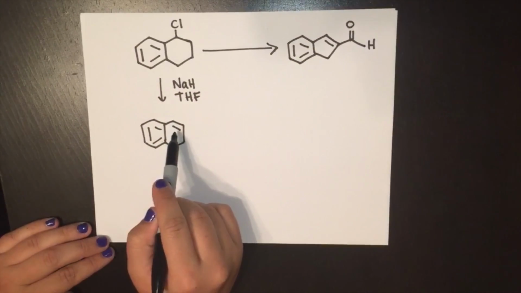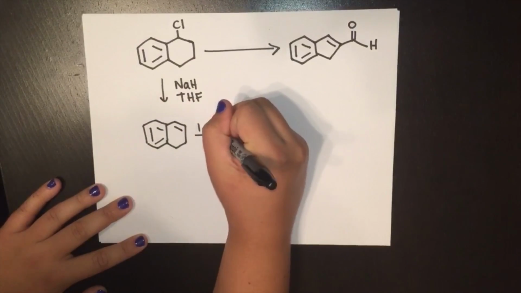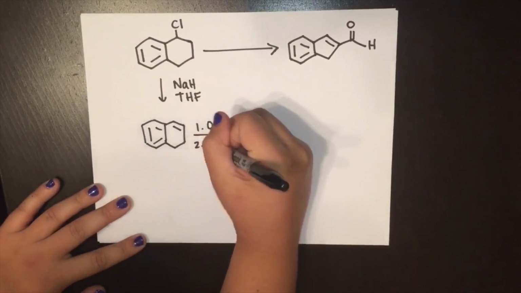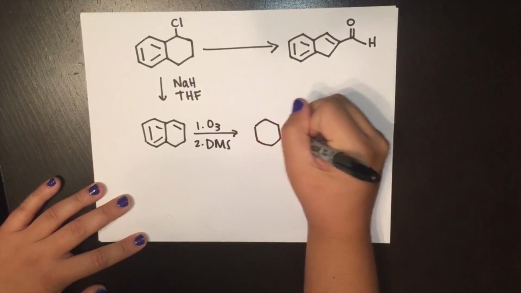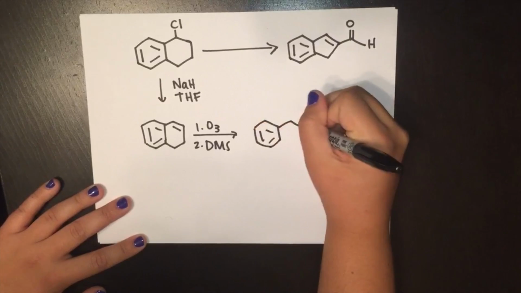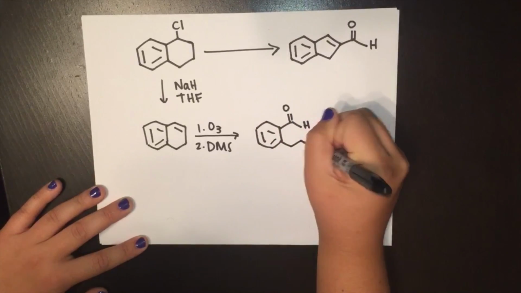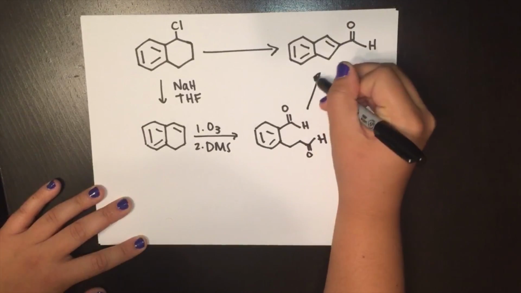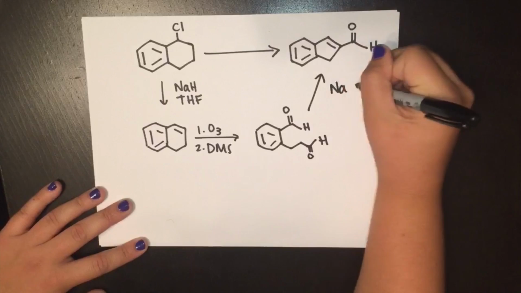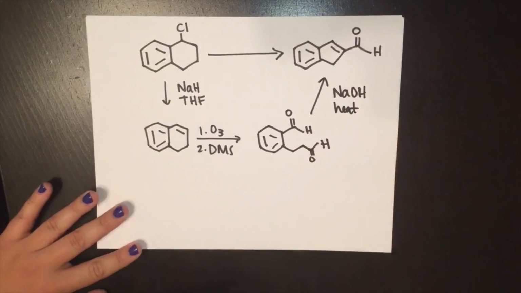Now we can ozonolyze this double bond. Now, if we add sodium hydroxide and heat, an aldol condensation will occur.